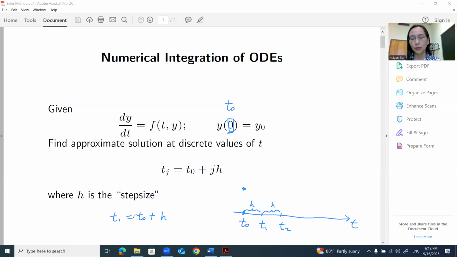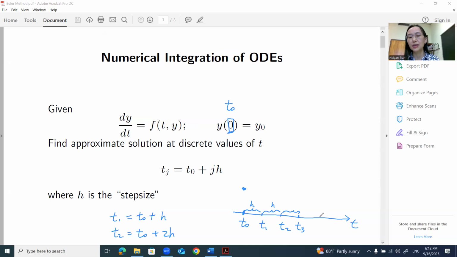That's one step away from t0. And t2, you add another step to t1, which is 2 steps away from t0. So then each step you do, you get another point, t3.